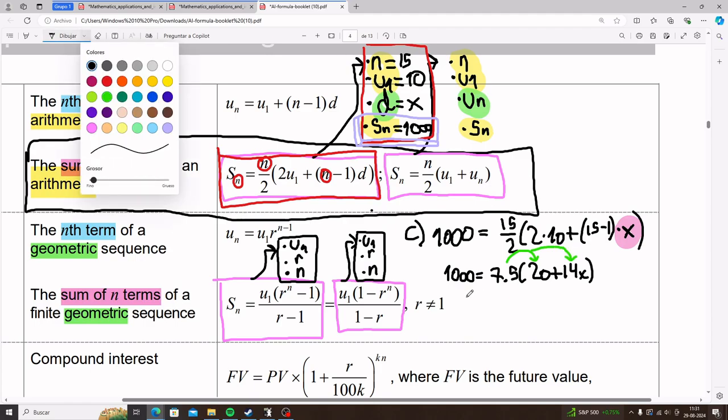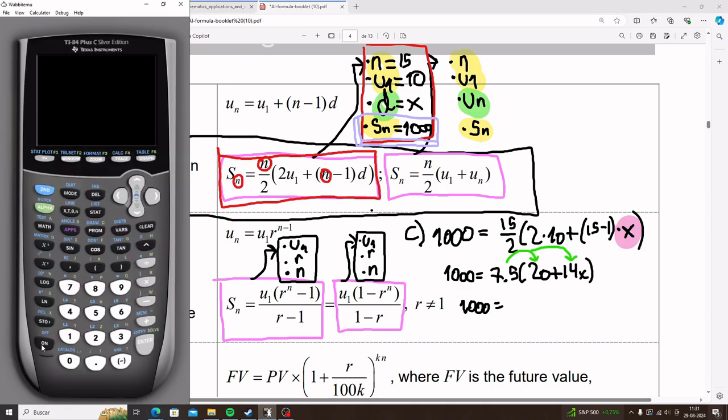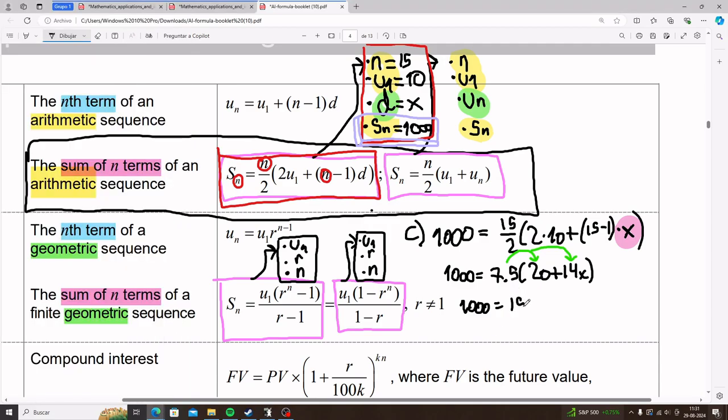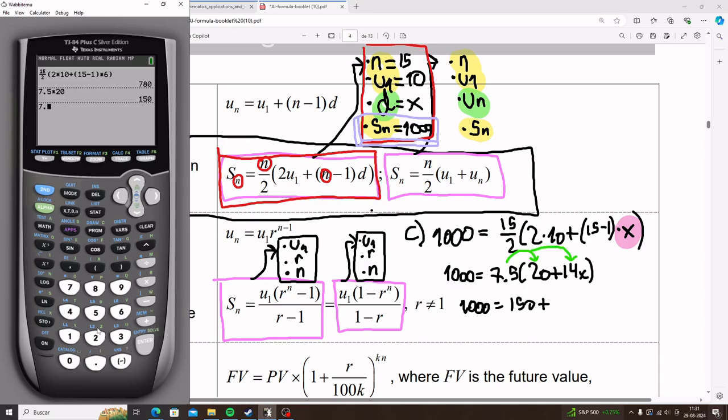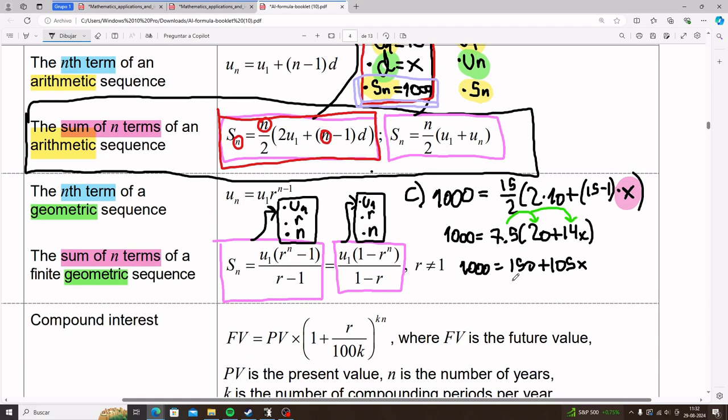So if I do that first, I end up with 1,000 equals 7.5 times 20, 150, plus 14 times 7.5, 105, 105x. So if you do minus 150 on both sides, you end up with 105x equaling 850.